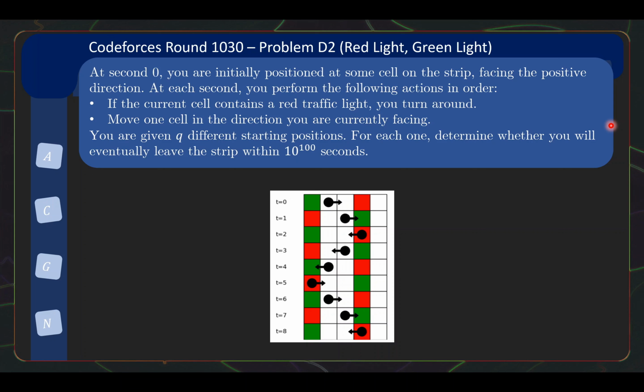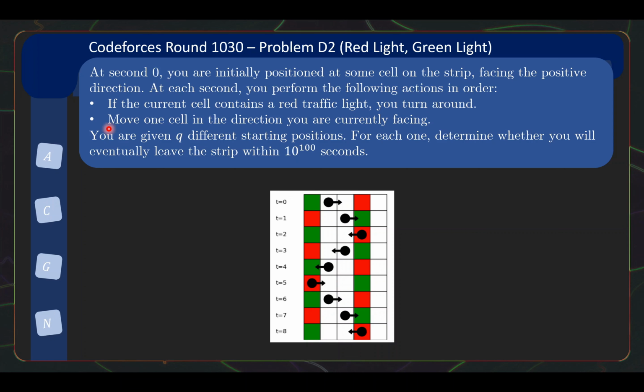Now, you are initially positioned at some cell on the strip, let's say here, facing the positive direction, so facing rightwards in our diagram. At each second, you perform the following actions in order. Firstly, you check if the current cell you're on contains a red traffic light. If so, you turn around.